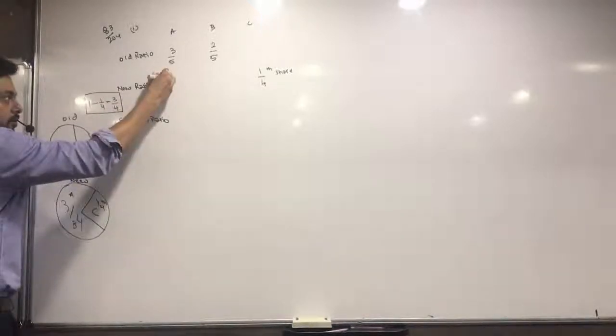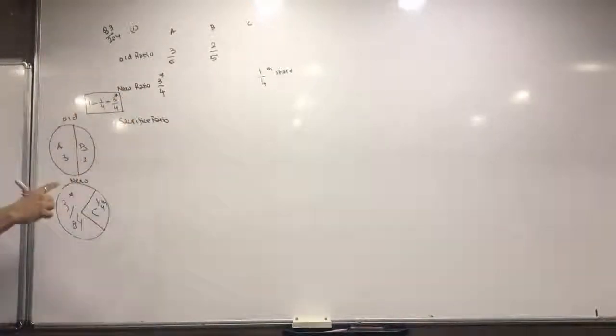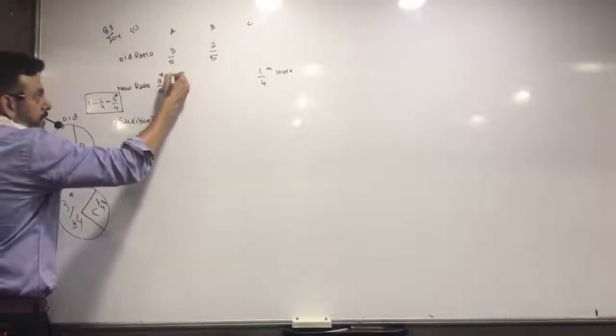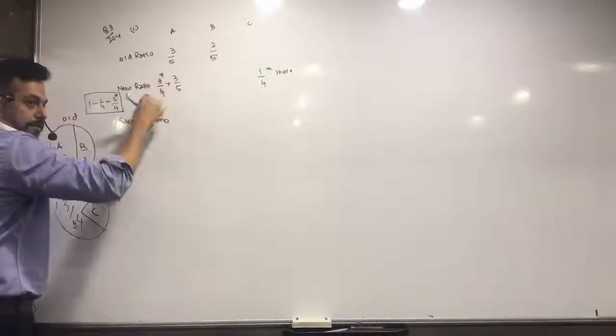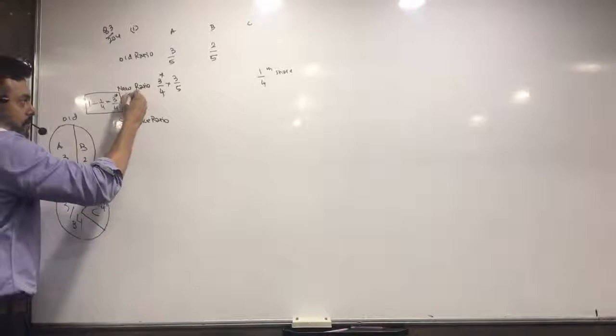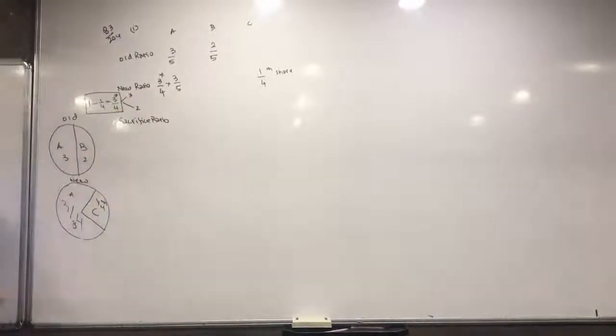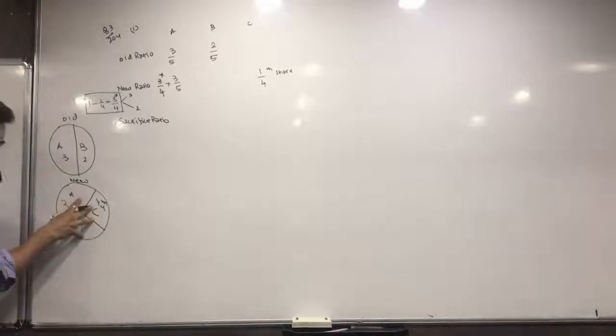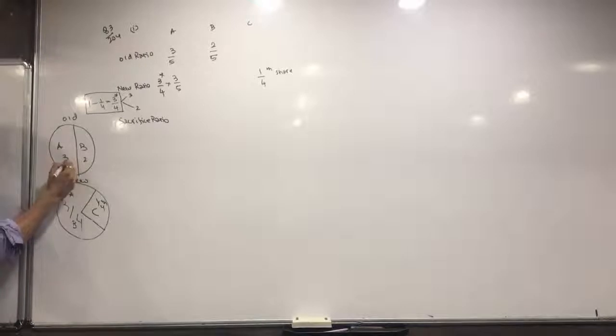Understood this? How we got 3/4? Now 3/4 into 3/5, because this is to be distributed in what ratio? 3:2. All of you understood this? ये जो 3/4 है, it will go between A and B in the ratio 3:2, that is 3/5 and 2/5.